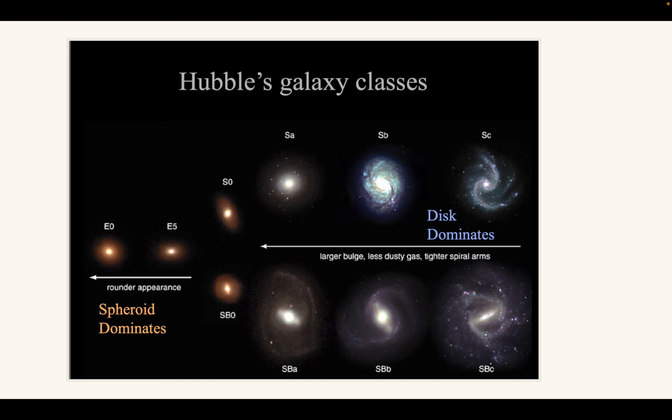In the elliptical there are two types of galaxy: the ellipsoid type and the spheroid type.